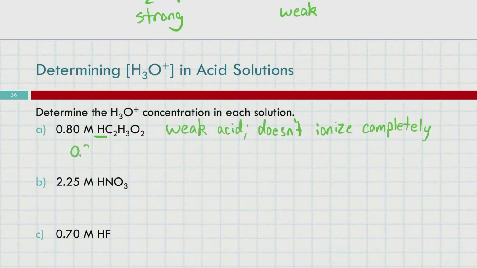If we have 0.80 moles per liter HC2H3O2, how many H pluses come off of each acetic acid?